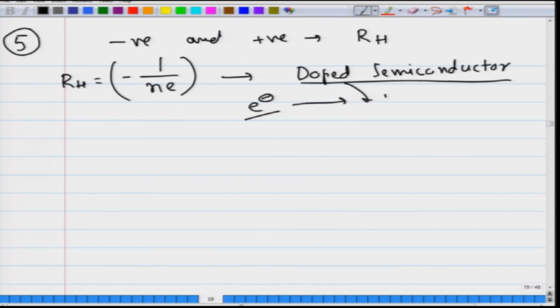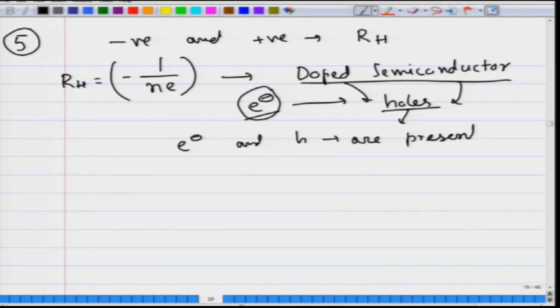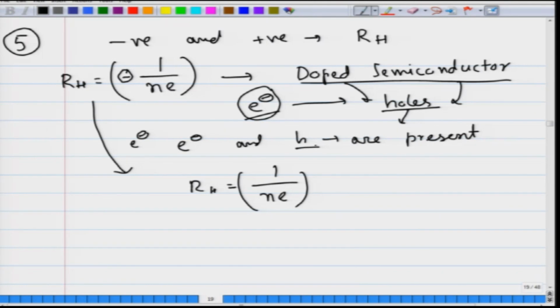If we dope some holes in the semiconductor, electrons are always present, and now we dope some holes. So, now both electrons and holes are present. They both can carry charge and they both can contribute to the current. So, this negative sign is for the electrons and RH will be positive for holes. As both are present, RH can be both positive and negative.